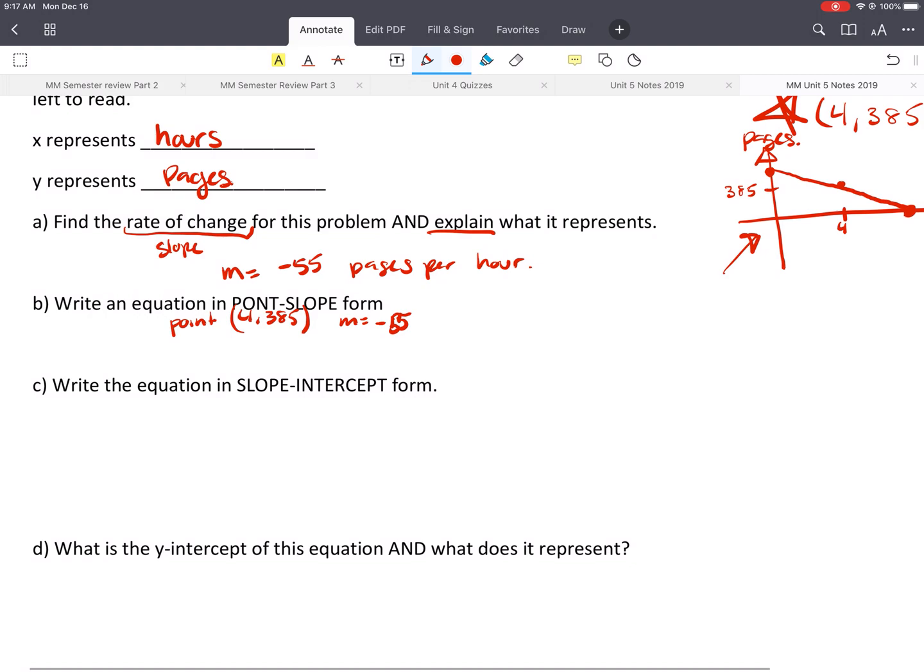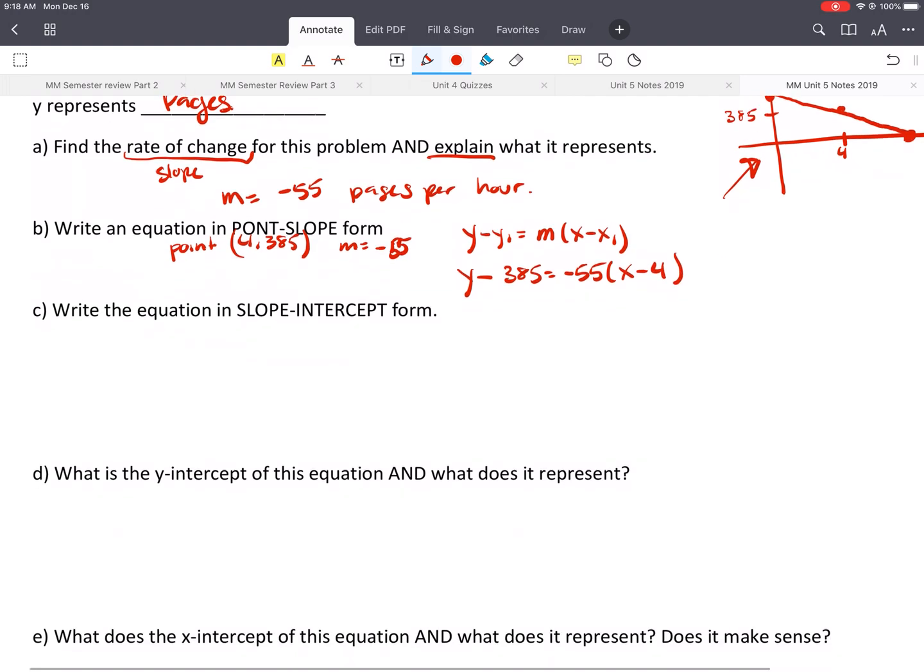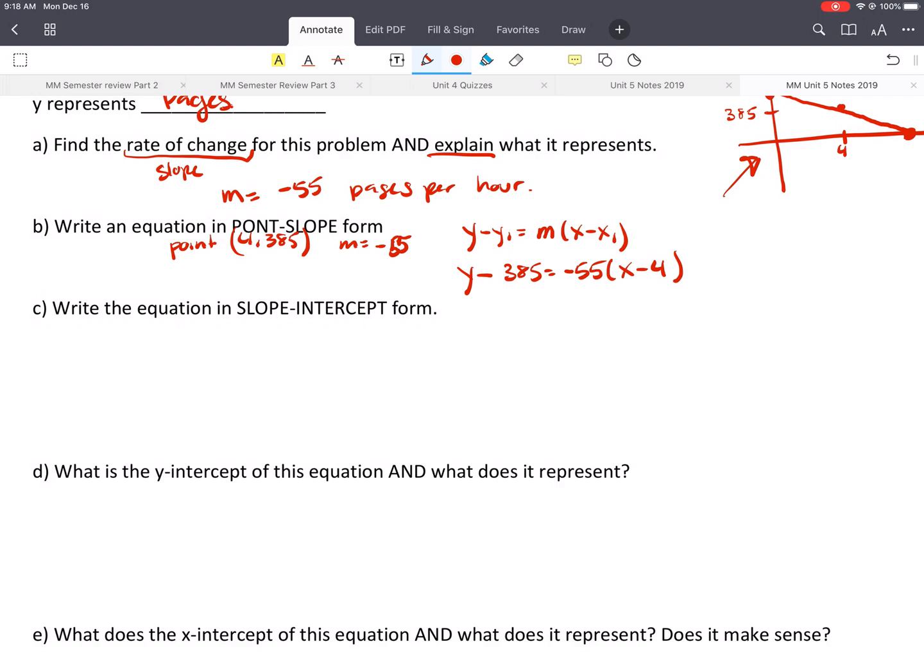So in point-slope form, that is y minus y1 is equal to m times x minus x1. And we'll just plug that in. So we have y minus 385, well, y1 is 385, equals our slope, negative 55, times x minus 4. So that would be our equation in point-slope.